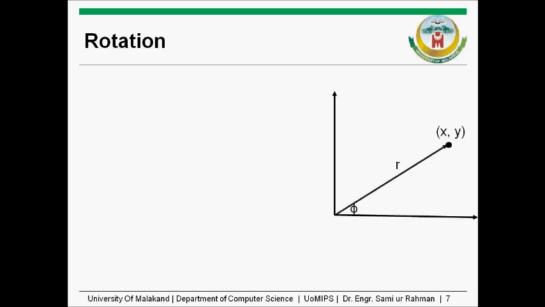This is our vector for this point, and the angle of this vector is phi. The point is represented by x along the x-axis and y along the y-axis. Clear?